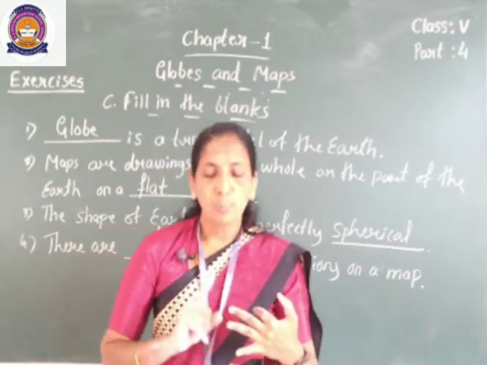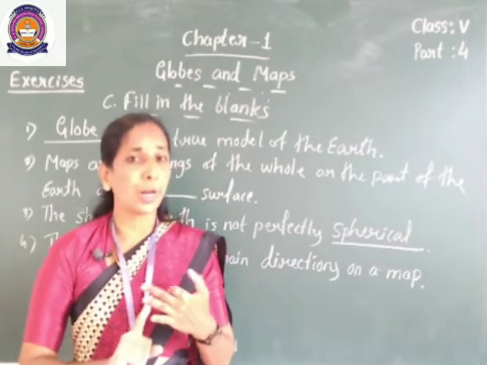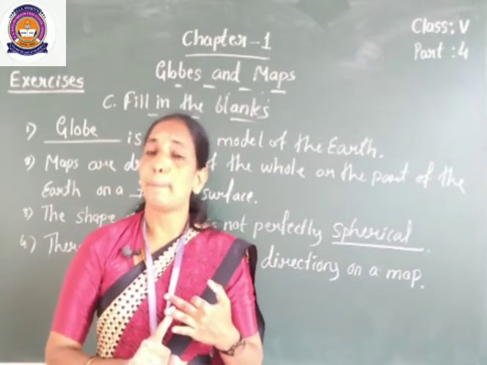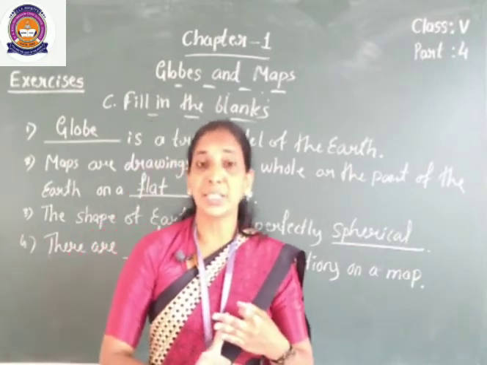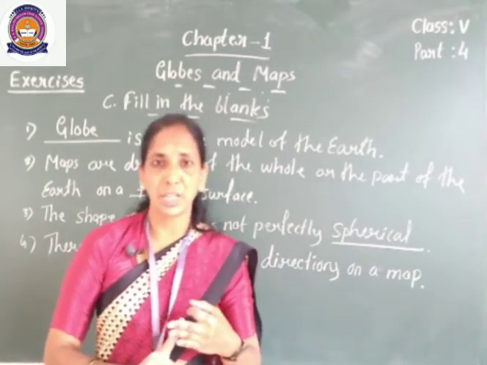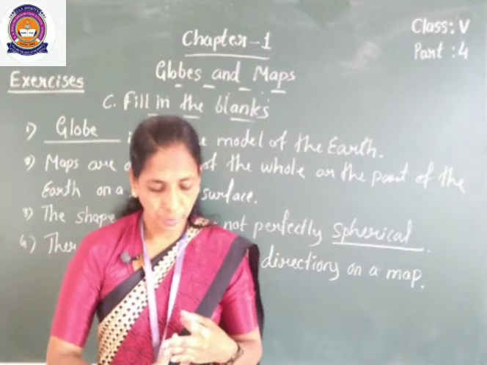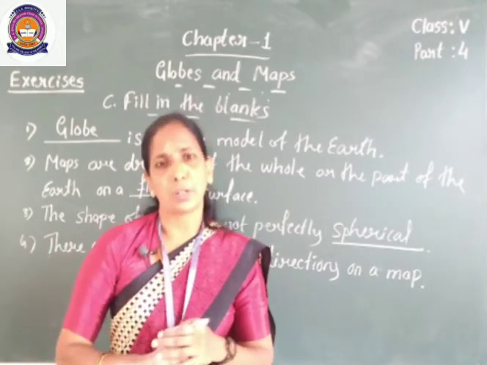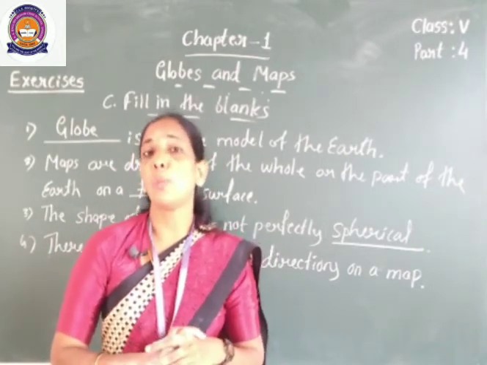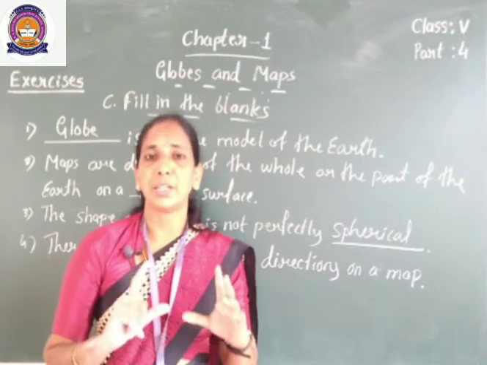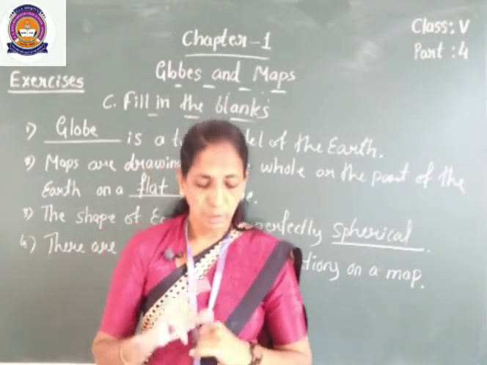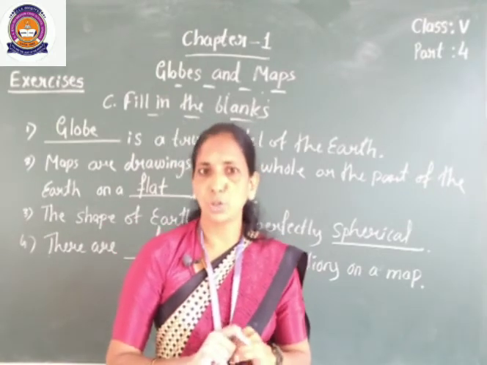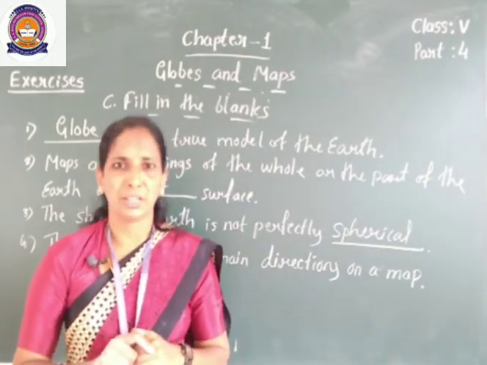Second one, Portuguese explorer, Ferdinand Magellan. Third one, desert, answer is yellow. Fourth, small models of the earth, answer is globe. And fifth one, forest. The answer is green.